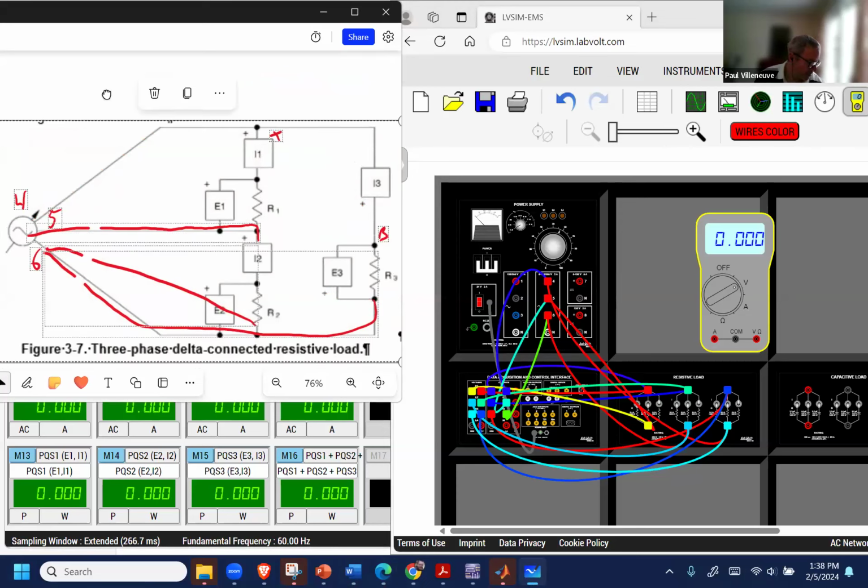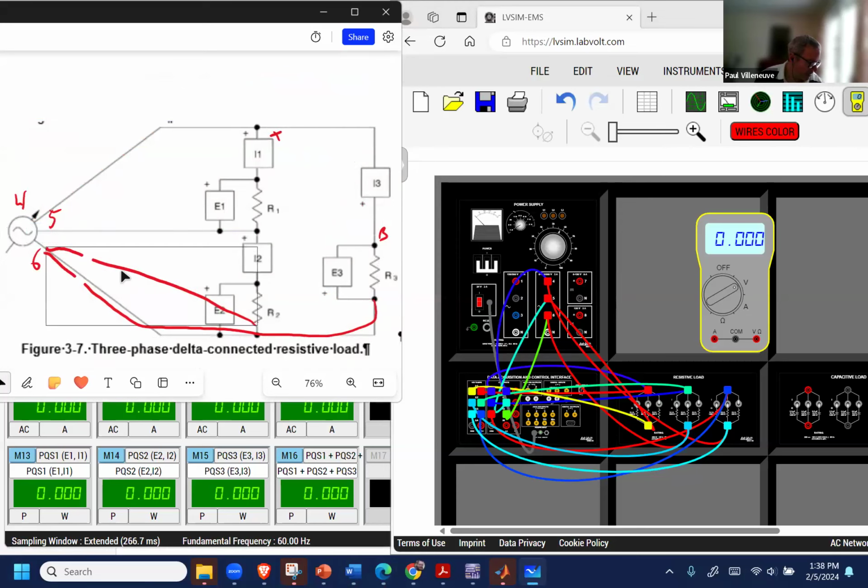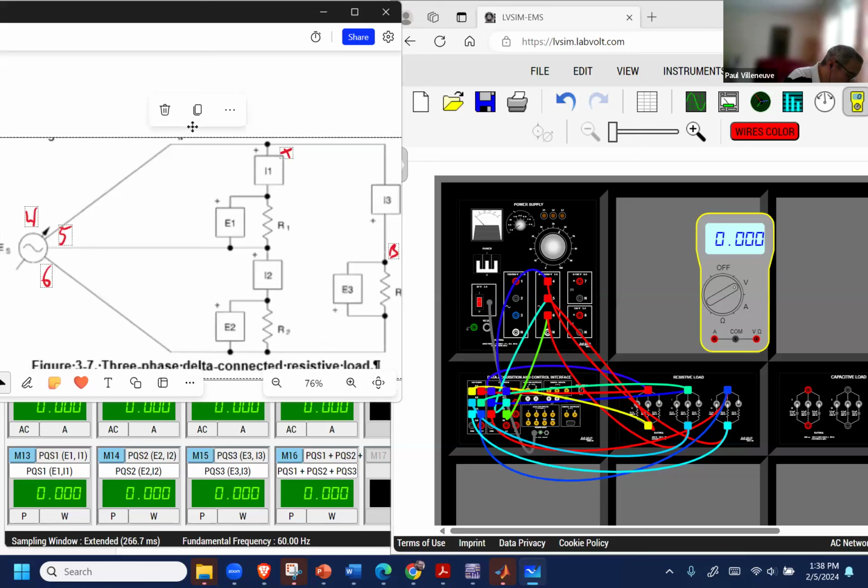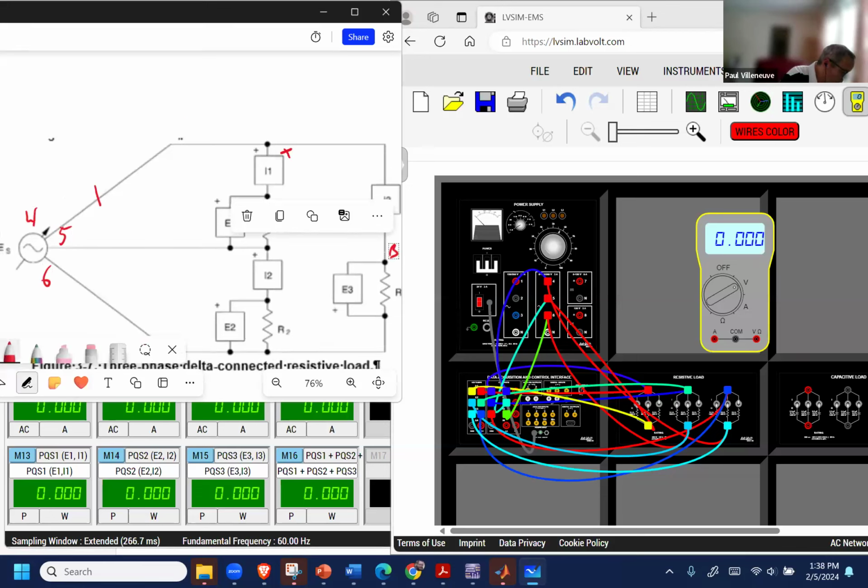So now we actually want to measure the actual line currents. So in this case, the modification is we're essentially going to simplify our circuit down. So we're just measuring these currents over here. So these are completely out of the picture at this point.